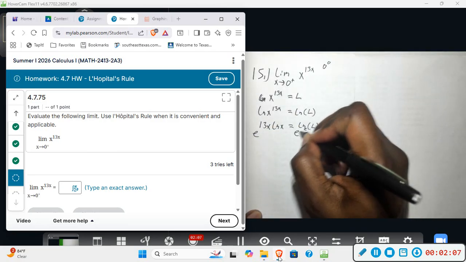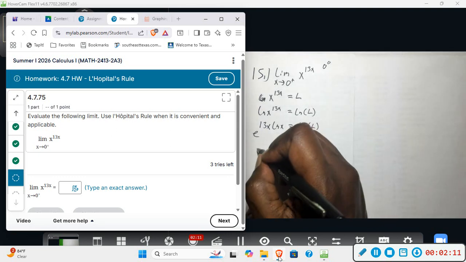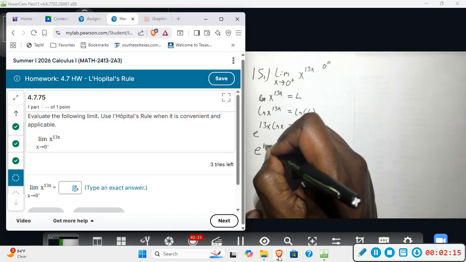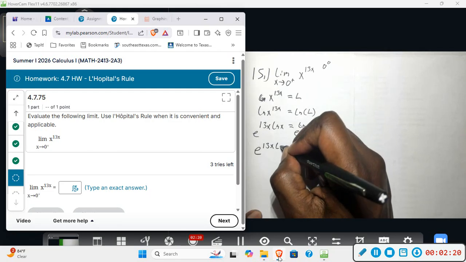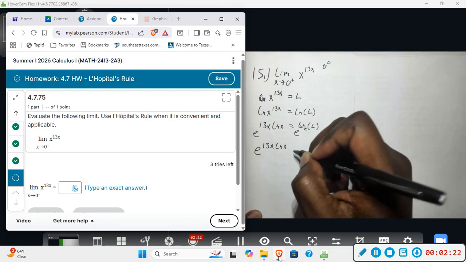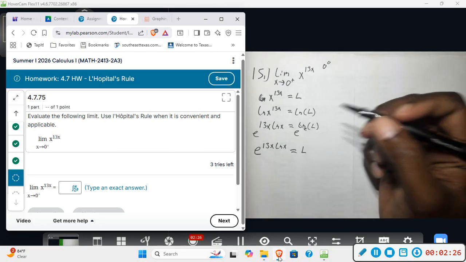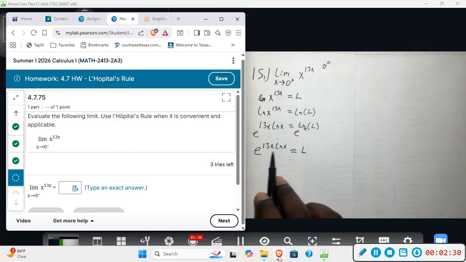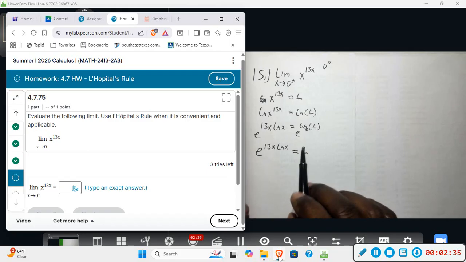Now natural log has a base e, and so these will divide out. And so we get that e to the power 13x times ln of x is equal to L. So our L is just this part up here. So we're going to evaluate this, and we'll be able to find L.